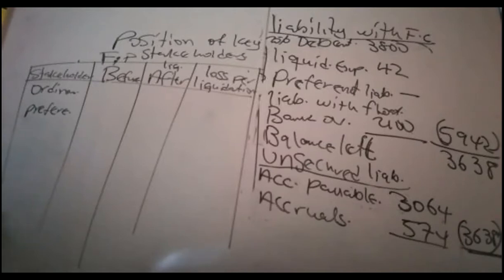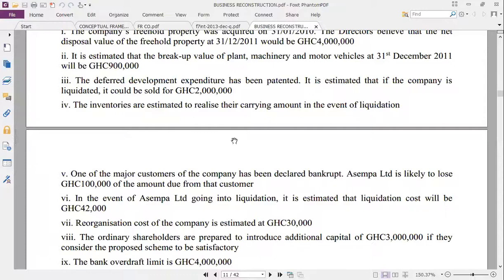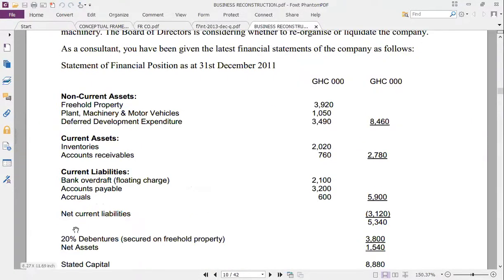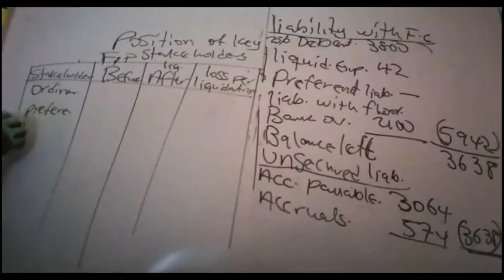All the liabilities. So let's go to the financial position to avoid oversight. Let me go and look at liabilities again. So 20% debentures, bank overdraft, accounts payable, accruals.